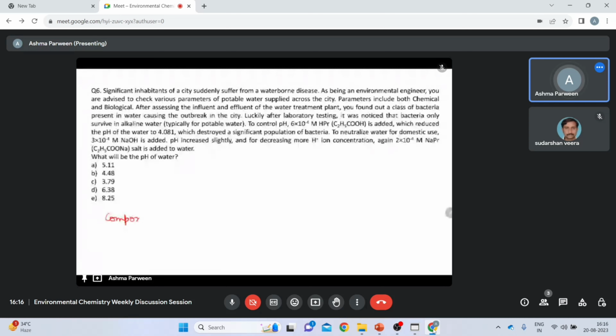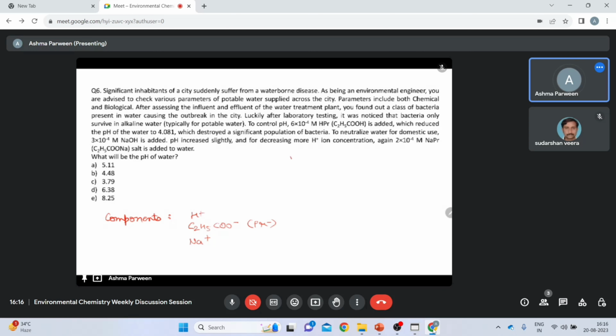So we will have H plus, we will have C2H5COO minus, we will have Na plus, or also we can write this in the short form as Pr minus. So we have three components. We will do mass balance on these three components and put the value in the Mintek software.